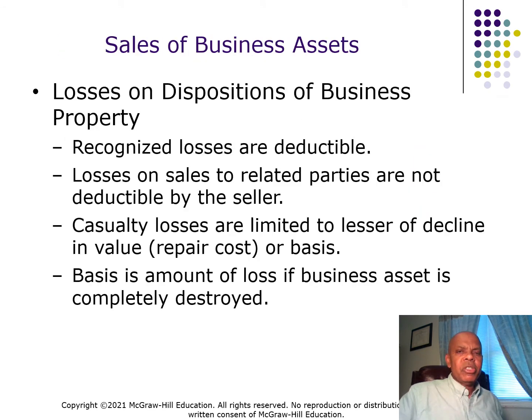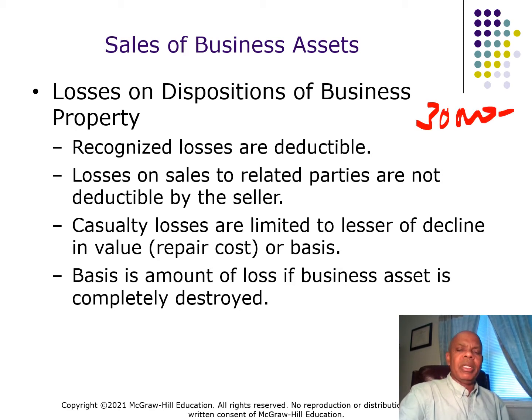Okay, losses on disposition of business property. Recognized losses are deductible. How are you going to compute the loss on disposition of business property? Supposing you have machinery with a book value of 30,000. How do you get the book value?